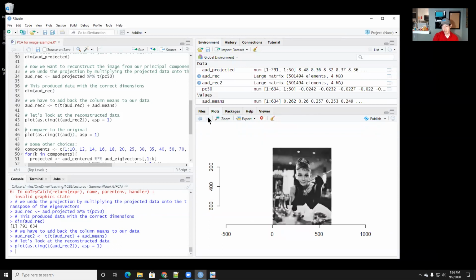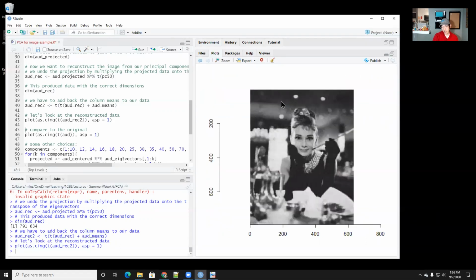Now the trade-off is that you lose a lot of the image fidelity. This has lower contrast, and by keeping only 50 it's a little bit blurrier. That exactly represents the concept of maximizing the variation.